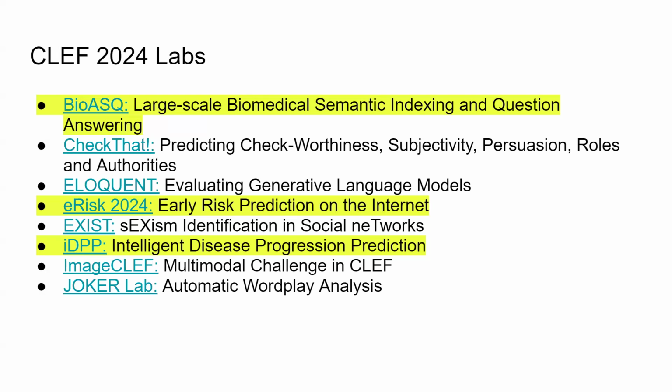Eloquent is about generative AI and figuring out how to evaluate these systems. eRisk is like psychology meets information retrieval, like the DSM-4 for social media. EXIST is sexism identification in social networks. iDPP is disease progression modeling for ALS and MS. ImageCLEF is all about images, multimodal images.